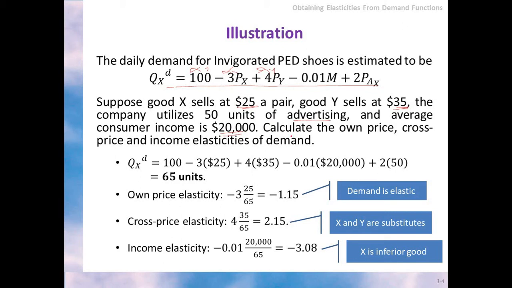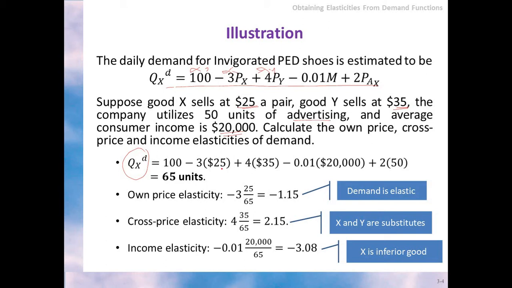If you are asked to calculate own price, cross price, and income elasticity, then what is the step? Remember the formula just now. All the formulas have the same denominator, the quantity of x. So how can we get the Qx? Actually we have done this in chapter 2.